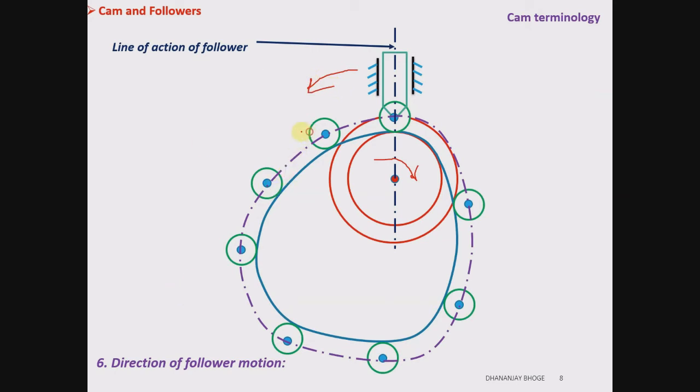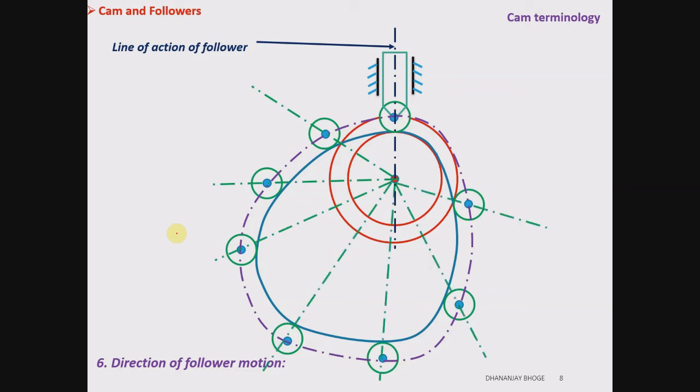And these are the various instances of follower motion. Okay. Now we will mark the line of action of the follower at all these instances. So this is the line along which the follower is reciprocating. So this is called as line of action of follower. And these are the line of action of followers at various instances of rotation over the cam profile. So at all these particular instances, follower will reciprocate along this line.